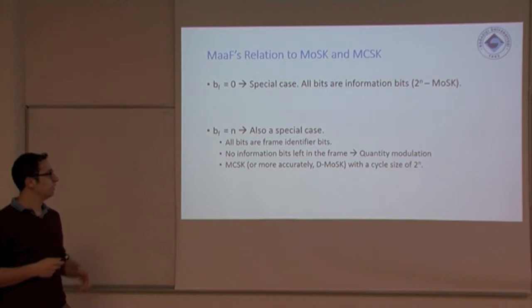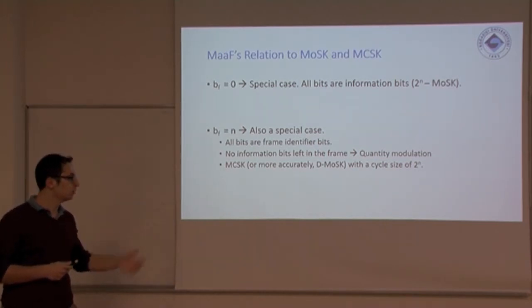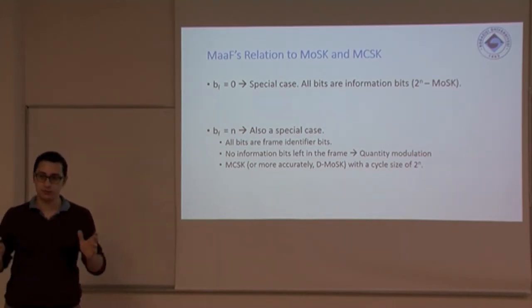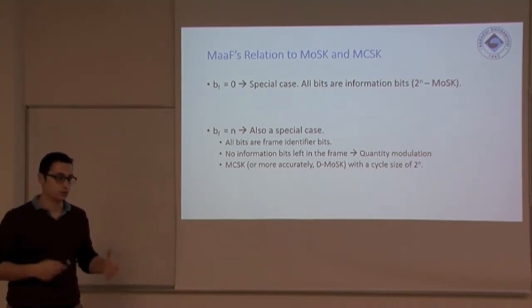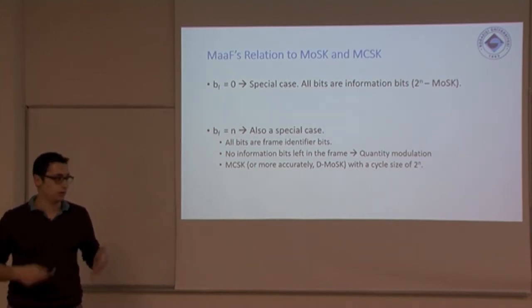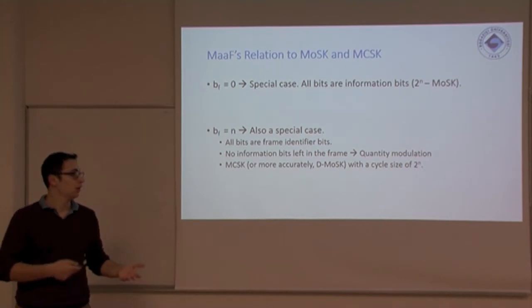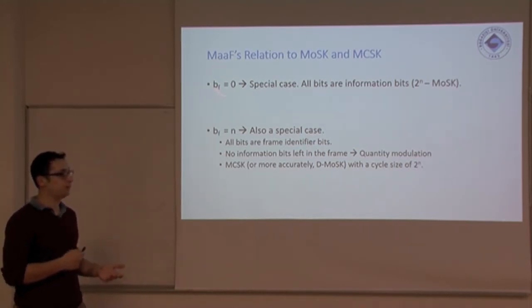So in this case, applying this knowledge to a molecule as a frame system, we have a frame with n number of bits inside. If we allocate all the bits towards information bearing, then we actually have BF equals 0.